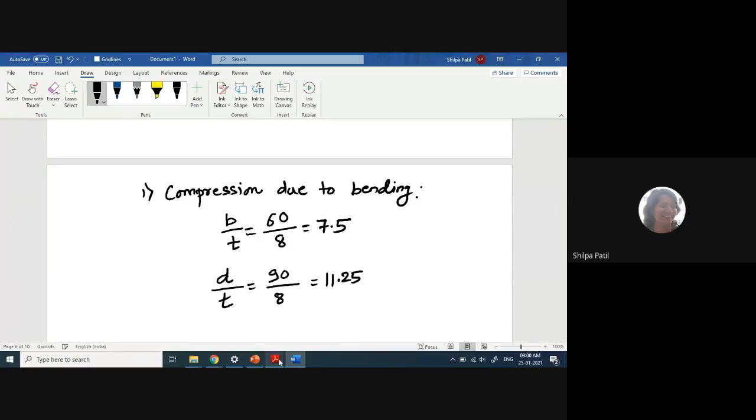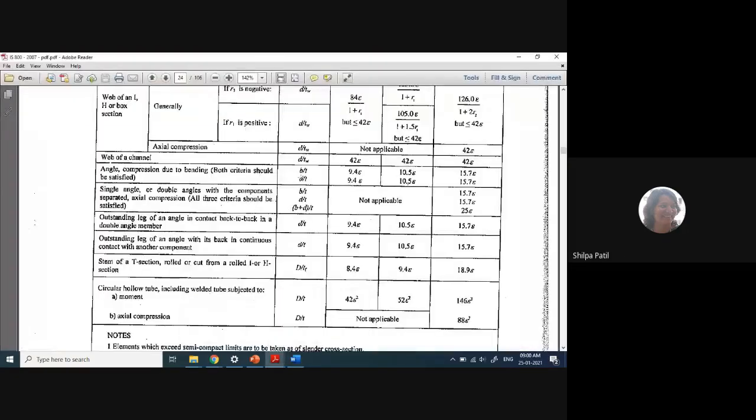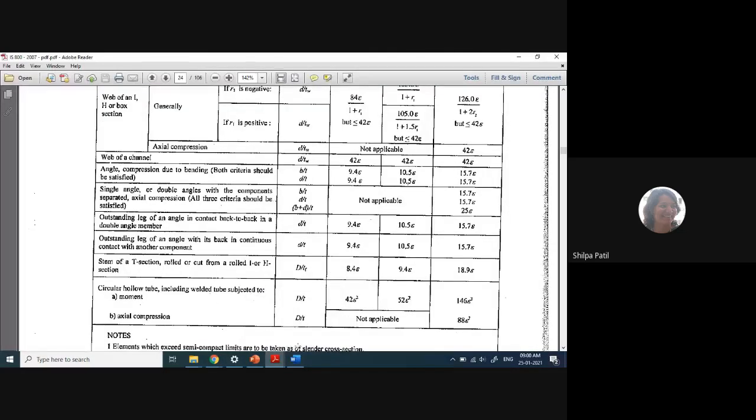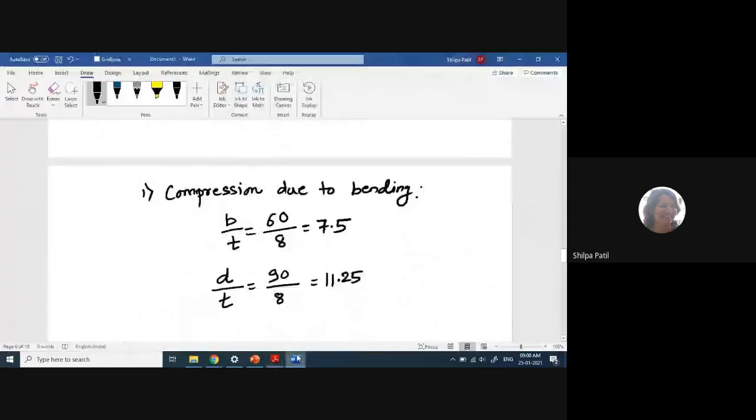So let us go to the limiting values. For B by T and D by T, the limiting values are the same. Our B by T value is coming as 7.5, which is less than 9.4 epsilon.